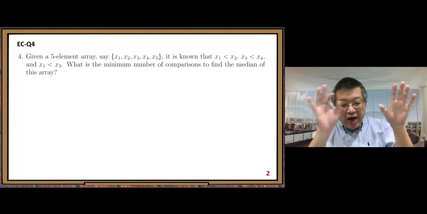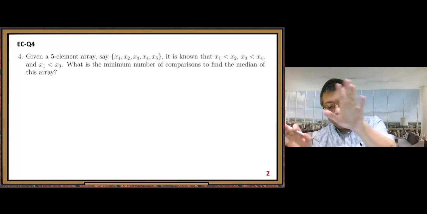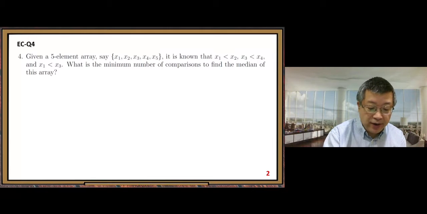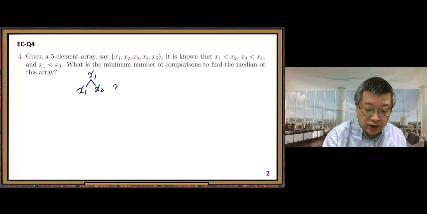Given a 5-element array, say x1, x2, x3, x4, x5. When we compare x1 and x2, x1 is smaller. When we compare x3 and x4, x3 is smaller.